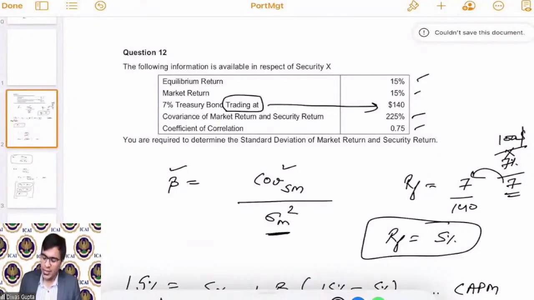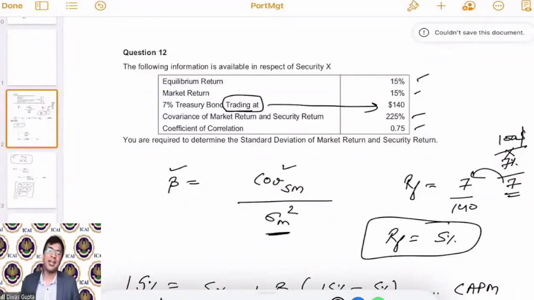But since the question is saying that trading at, we cannot disregard this information, correct? We have to adjust this information into our formulas. And trading at means that definitely it's not the face value, it's the current market price. Then what is the reasonable face value to be assumed here? It's 100 USD, correct? Hence we have taken 7 by 140. Oh wow, I'm getting beautiful answers.